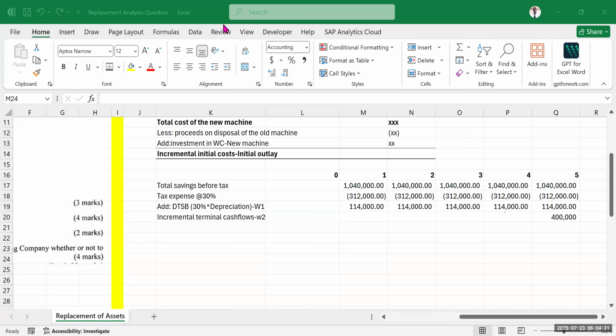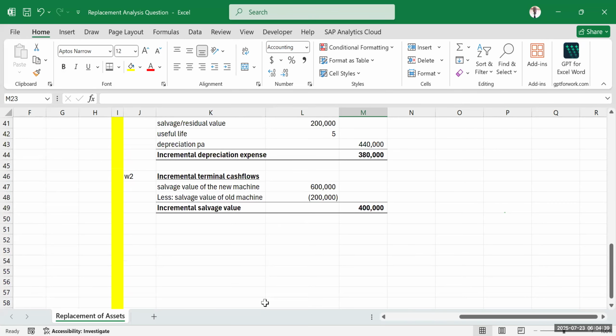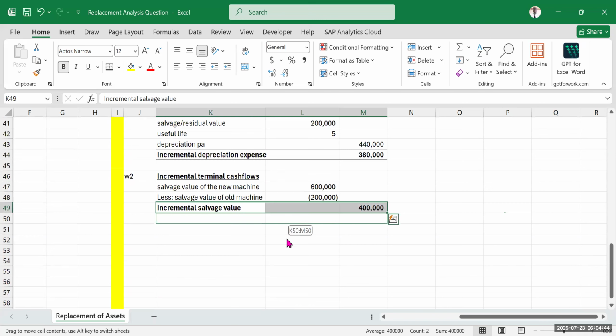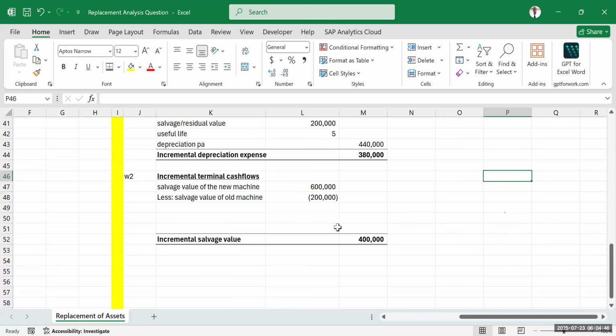I'm seeing a question. Liz is asking, show us how we take care of working capital. It's okay, Liz. What I want to do is just to push this a little bit down and show you, in case you have working capital, you will want to add.